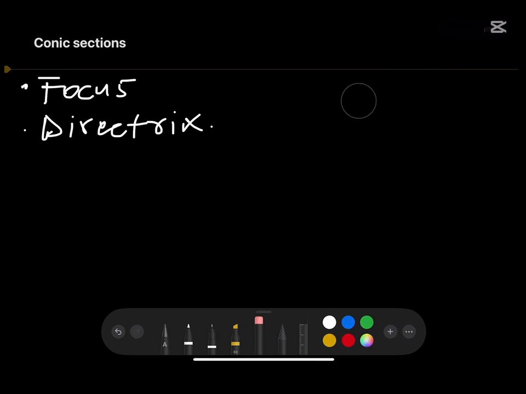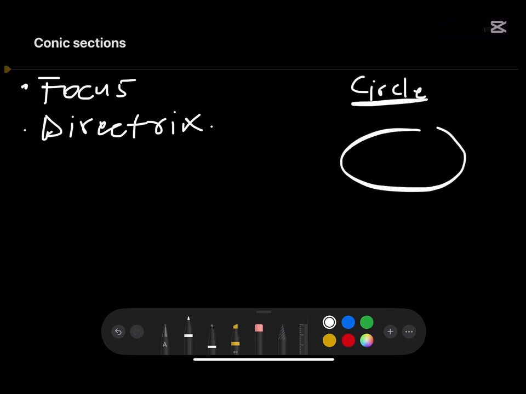So for example, when you come to a circle, it has one focus, which is the center of the circle. So let's say here we have center A. So one focus. Good.